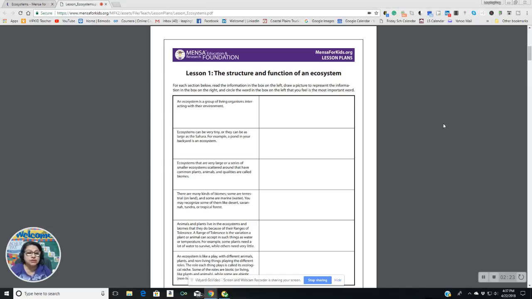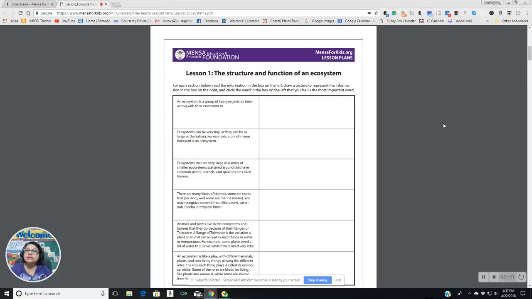In this situation, the students are to draw a picture that represents the information in the box on the right. So, for example, I'm going to jump down to the third one.